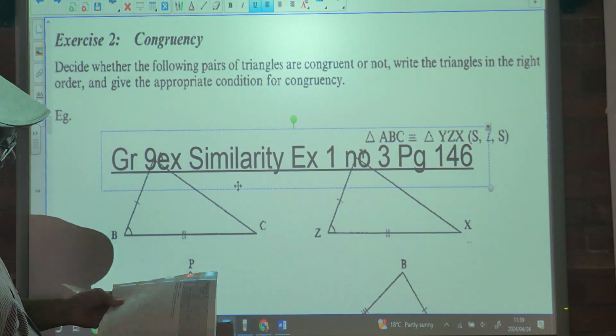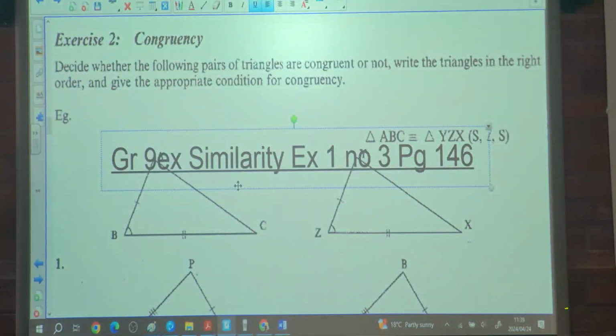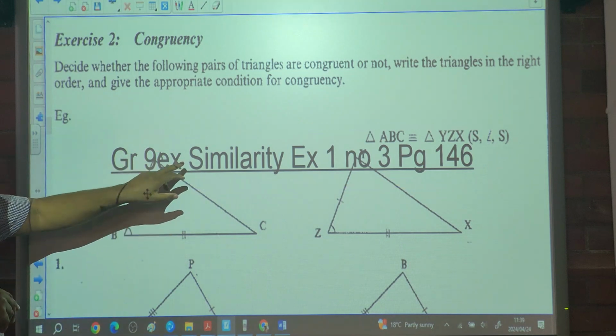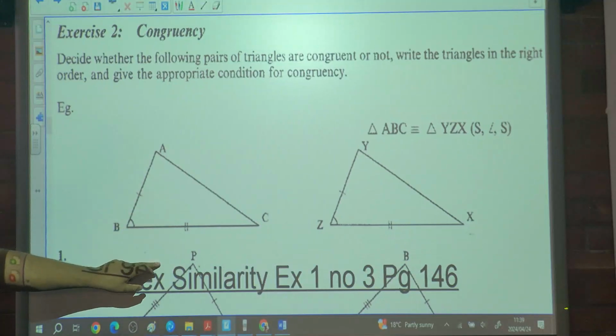Right, so in exercise 2 we are told, in the first part, decide whether the following pairs of triangles are congruent or not. Write the triangle in the right order and give the appropriate condition for congruency. So they didn't ask us to prove that the triangles are congruent. And the other gave us an example as well.